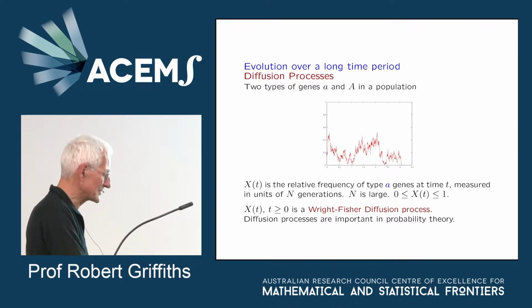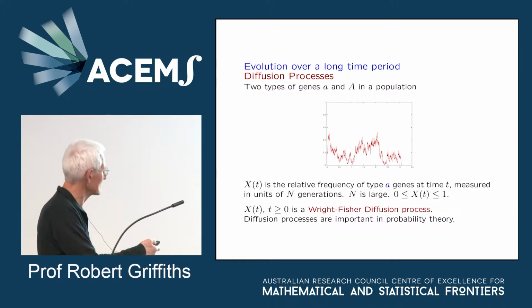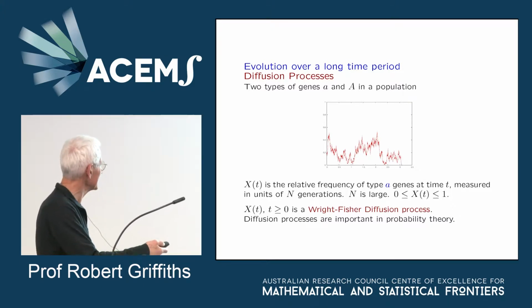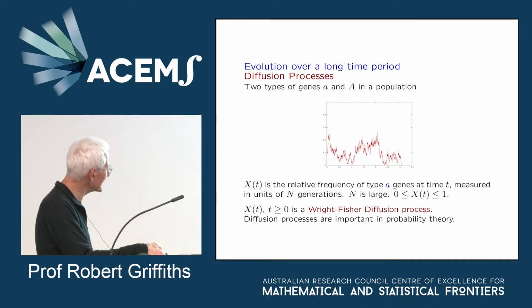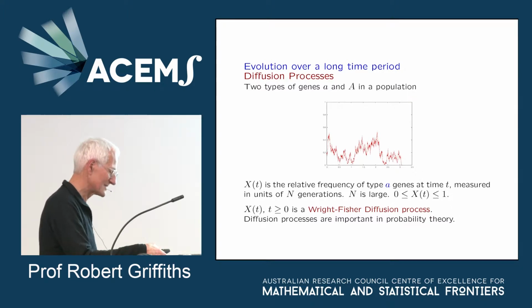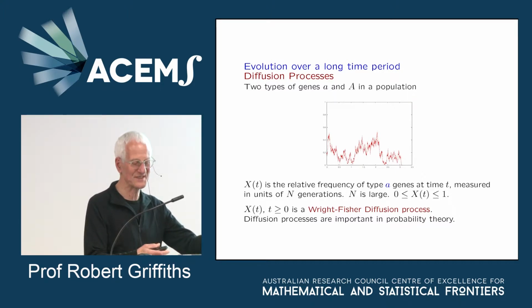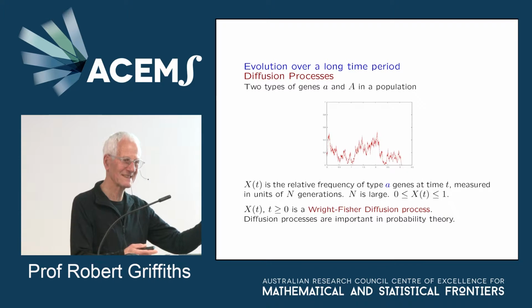And so suppose there are two genes which are called little a and big A now in a population. And x of t here is going to be the relative frequency of type little a genes at time t. But t is measured in units of n generations, and n is large. And so x of t is between 0 and 1. So it's like looking at the proportion, say, of blue types in a box.